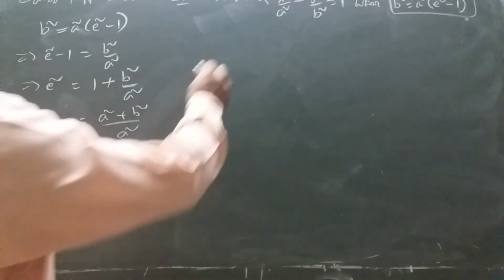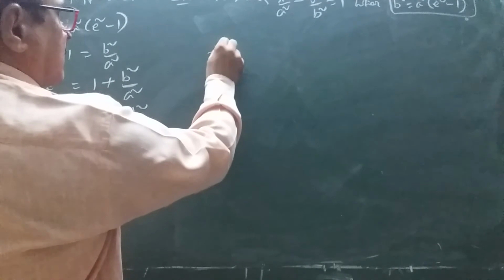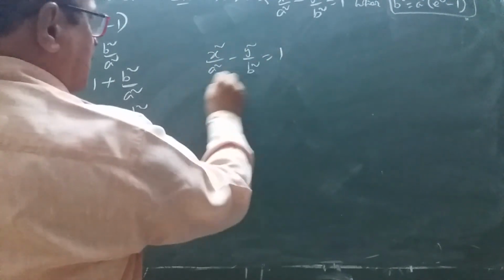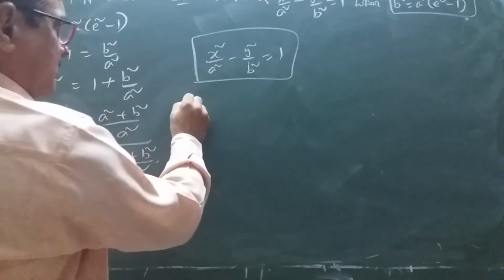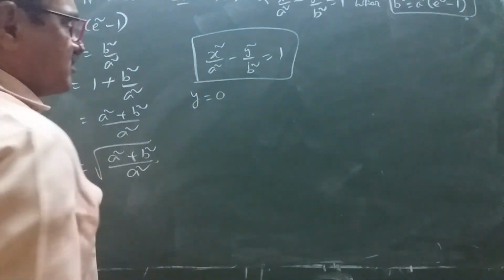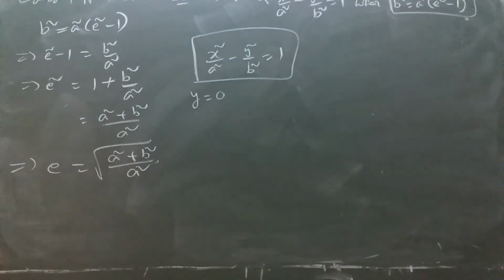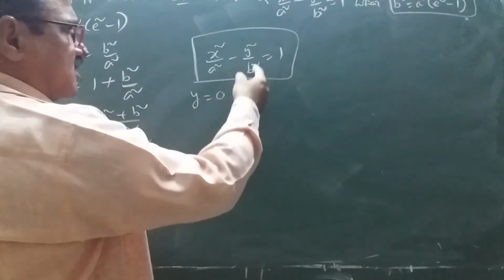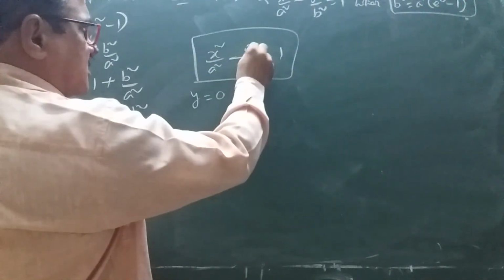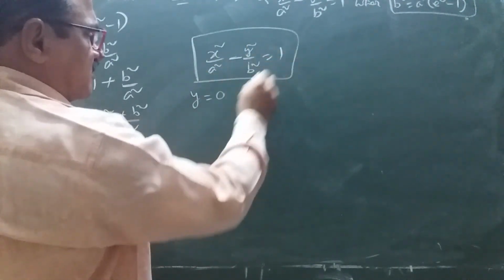What is given here: x square by a square minus y square by b square is equal to 1. In this, if you put y is equal to 0, then what will happen? If y is equal to 0, this term will be eliminated. That means x square by a square is equal to 1.